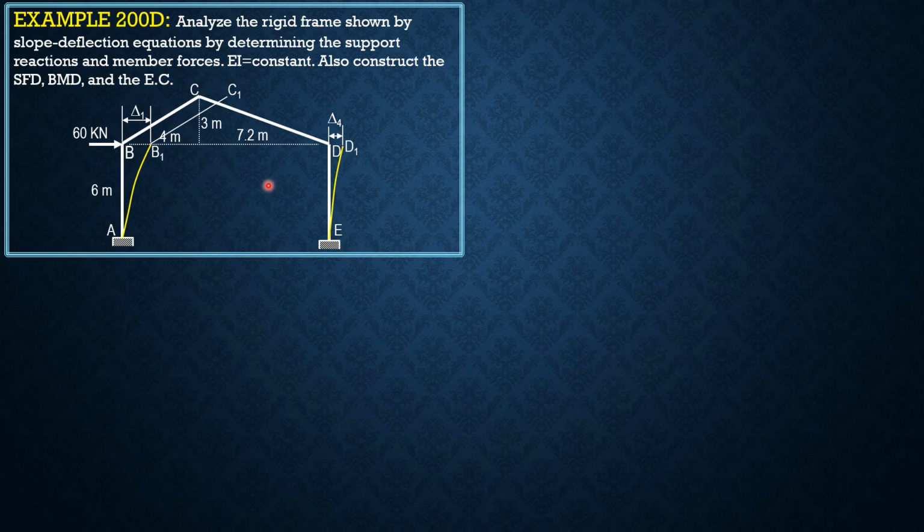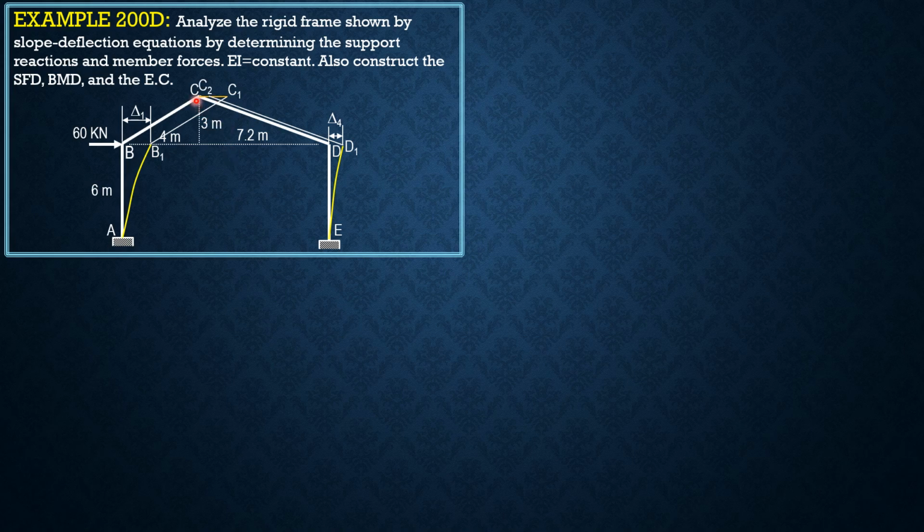Then supposedly from C1, we draw a line perpendicular to it to locate the final position of C. But before that, we draw a line also from D1 parallel to CD as shown. So let's call that point C2.